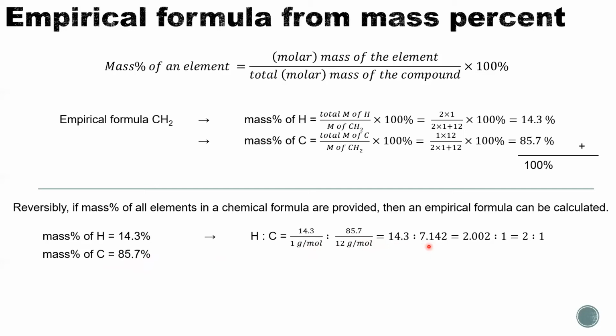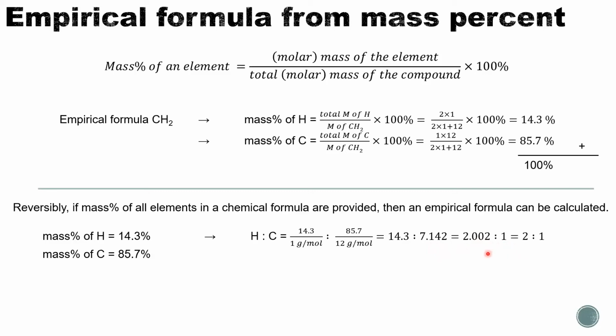The way to do it is divide each part of the ratio by the smallest number. In this case, it's 7.142. Use 14.3 divided by 7.142, you get 2.002. 7.142 divided by 7.142 equals 1.